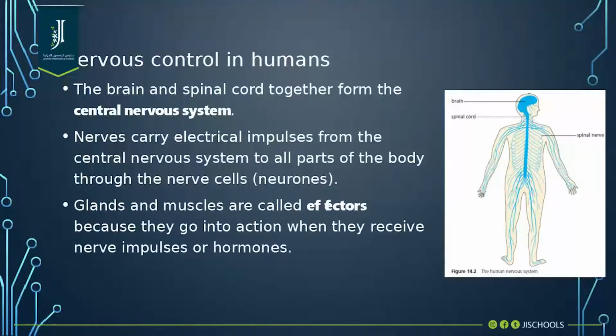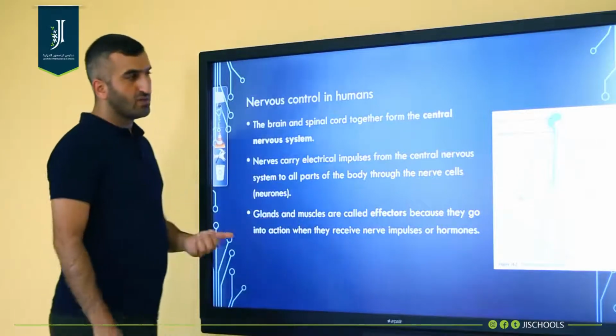Now, we mentioned that a stimulus can be detected by neurons, then it goes to the central nervous system to be coordinated, and then the signal is sent back to the effector. What are the effectors?